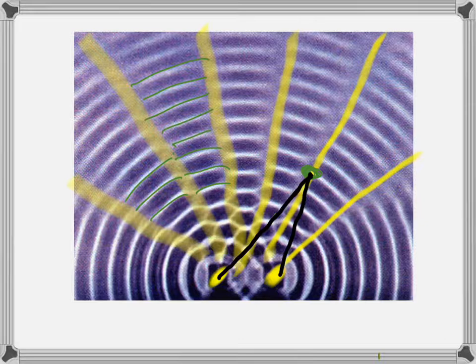I'm looking at that point where there is destructive interference and saying, the length of those 2 black lines must be different by either 1/2 a wavelength, 3/2 a wavelength, 5/2 a wavelength, 7/2 a wavelength, etc. And that's going to be true for any point on any of these destructive interference lines.